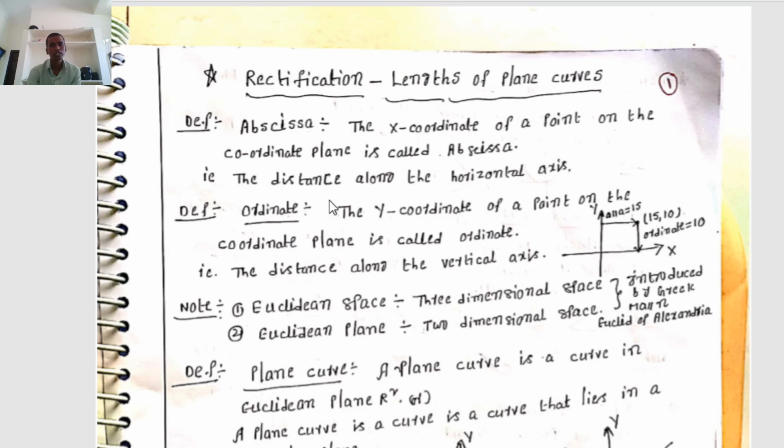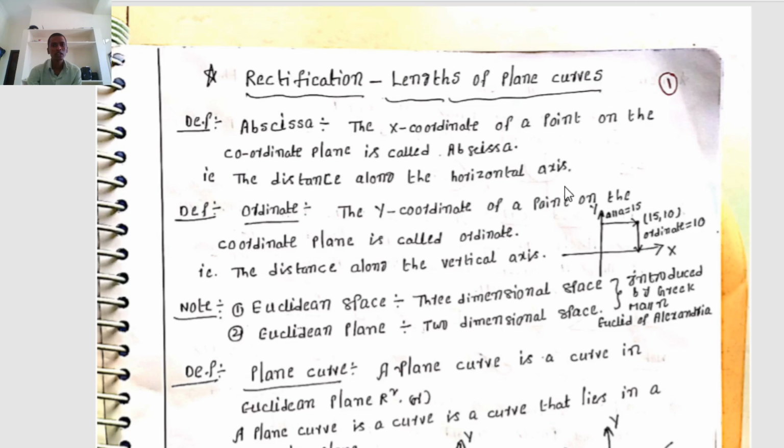First, we have to discuss some important definitions. First one, abscissa. Abscissa means the x coordinate of a point on the coordinate plane. That is the distance along the horizontal axis.